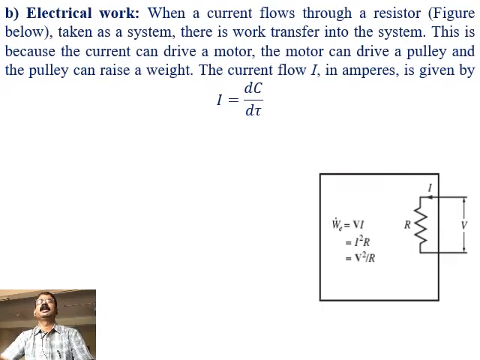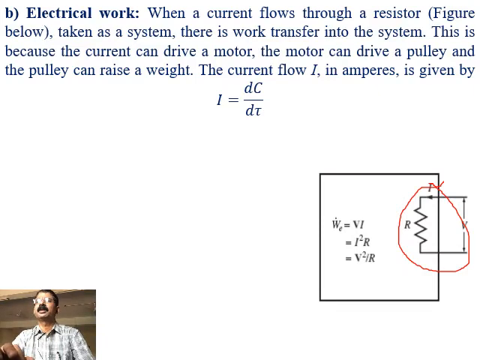Now coming to the electrical work, when a current flows through a resistor taken as a system, you can see here in the diagram. So this resistor is considered as a system here. There is work transfer into the system. This is because the current can drive a motor and the motor can drive a pulley.